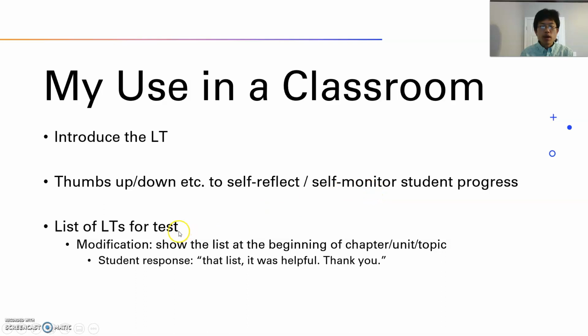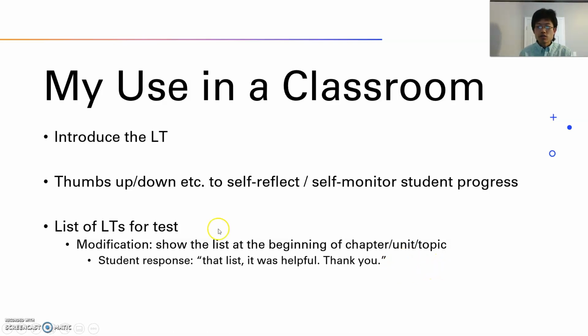Now, I made a list of learning targets for a test, but what I could have done even better is to show the list at the beginning of the chapter, unit, or topic and say, here are the things that we will do in this chapter. By the test, I want you to be able to do these things, to master these targets.